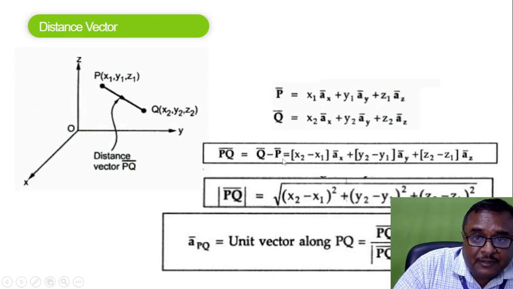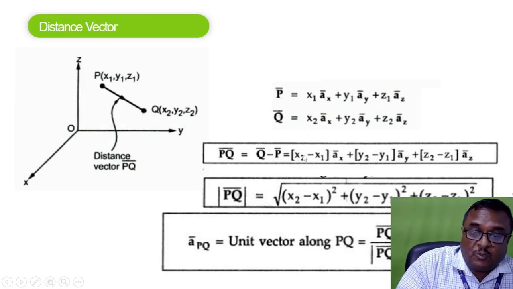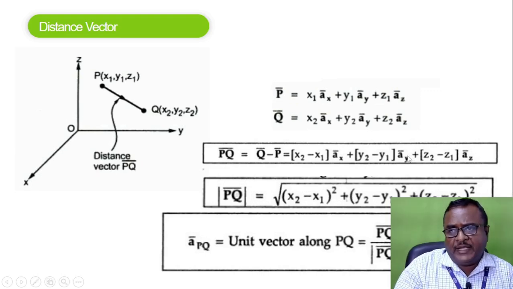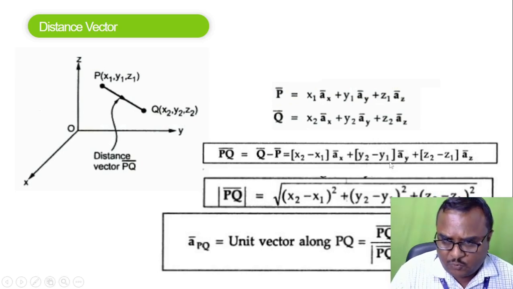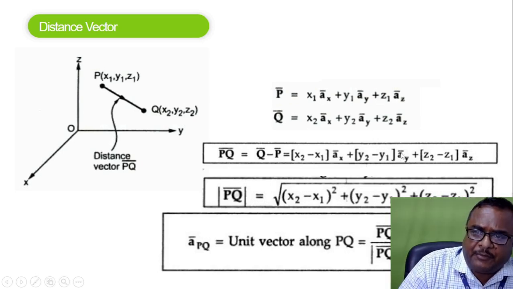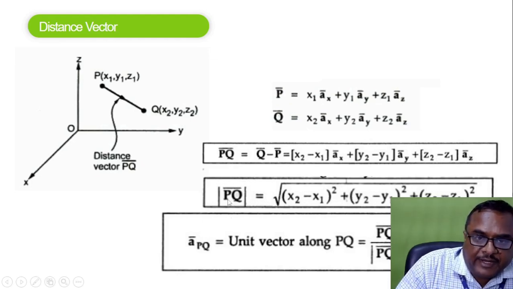Then the distance between these 2 points is denoted by the vector PQ equal to Q vector minus P vector. So we can write (x2 minus x1) ax cap, in the y direction (y2 minus y1) ay cap, and along the z axis (z2 minus z1) az cap.